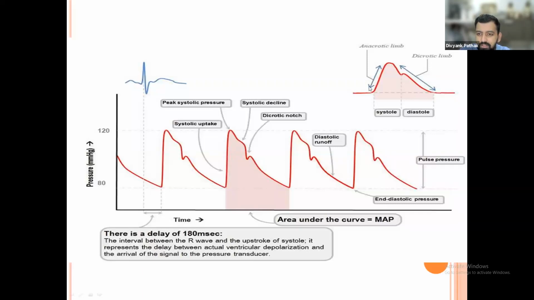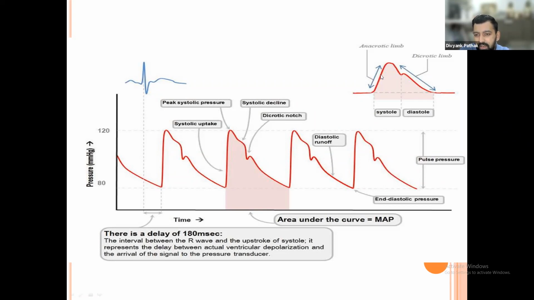Okay, so in general terms, till the dicrotic notch it is the systole, and from the dicrotic notch it is the diastole. So the dicrotic notch is the last part of the systole, when the valve closes in the heart.